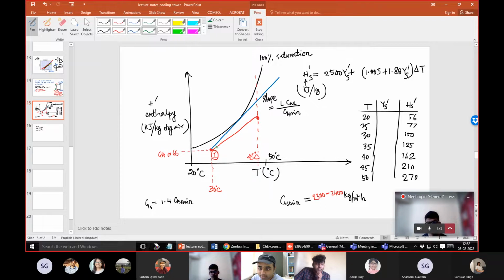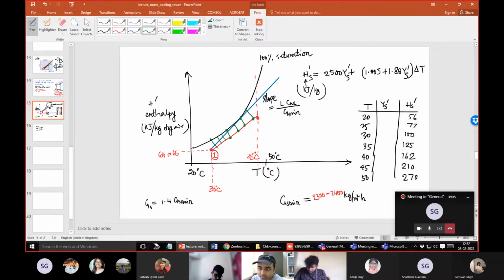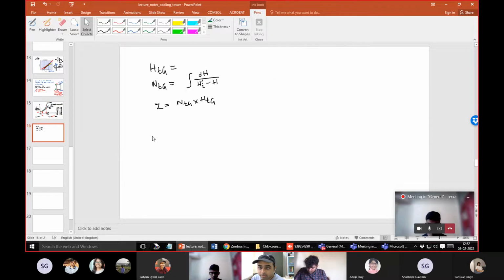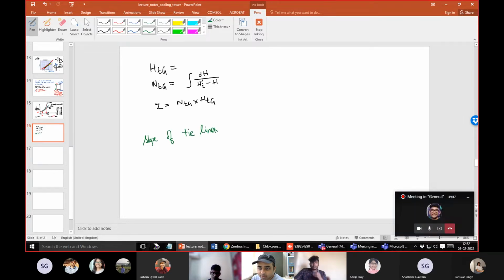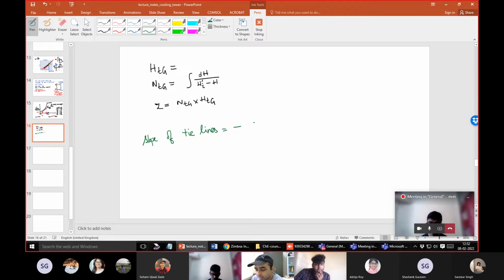So you construct as many tie lines as possible, like this. Now how can you construct the slope of these tie lines? These are parallel lines, right? The slope of the tie lines is something which you already know, that is HL by KY.